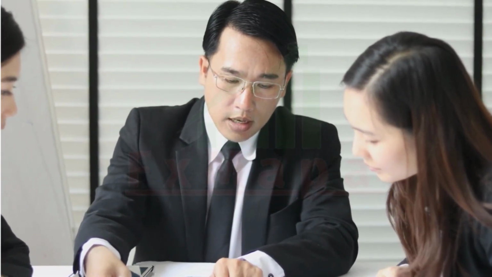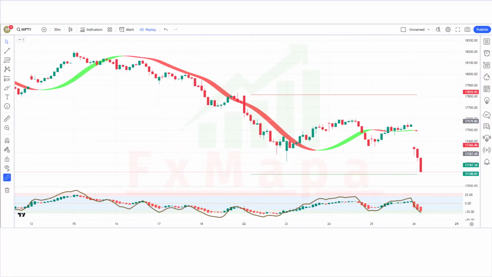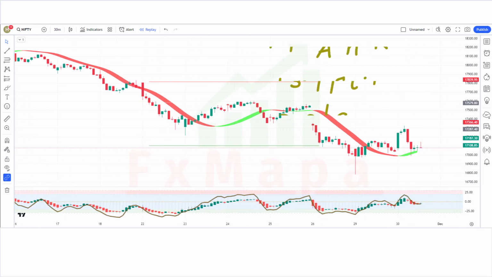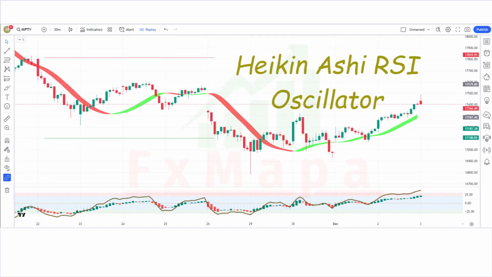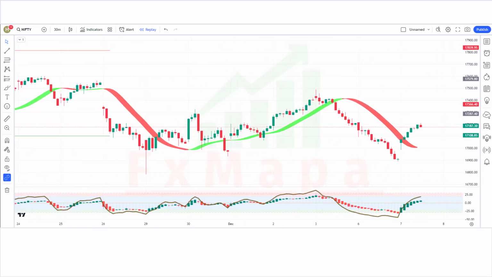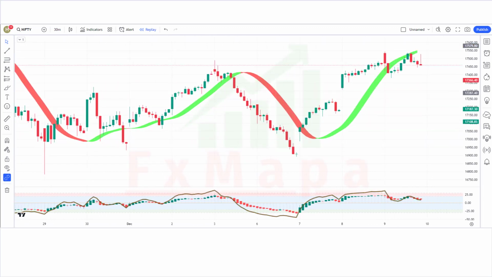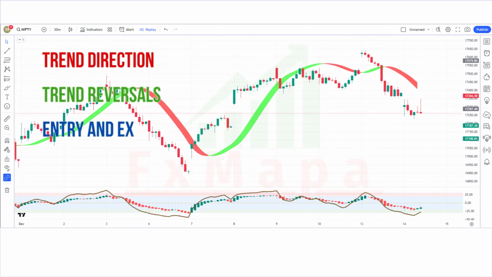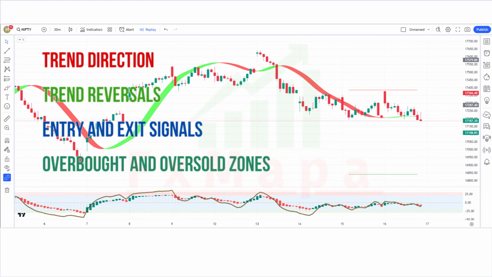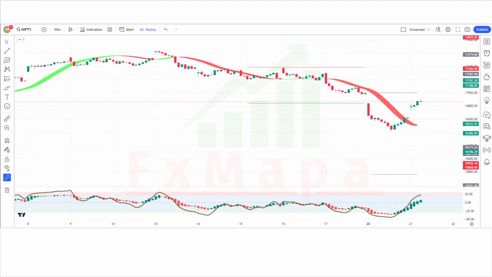This indicator is one of the best indicators to use when scalping. This powerful indicator unlocks a hidden realm of insights, providing you with a clear view of the market. While scalping, the indicator we are talking about is the Heikin Ashi RSI oscillator, which is a highly versatile indicator that shows us the trend direction, trend reversals, entry and exit signals, overbought and oversold zones and many other market patterns.